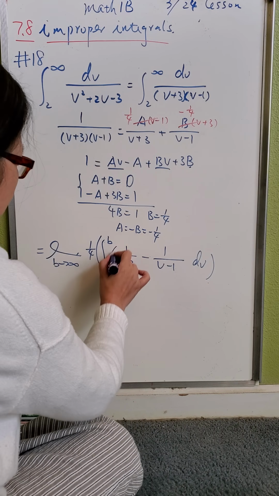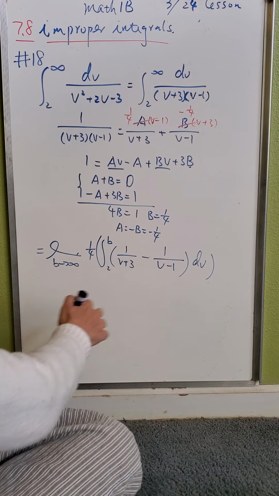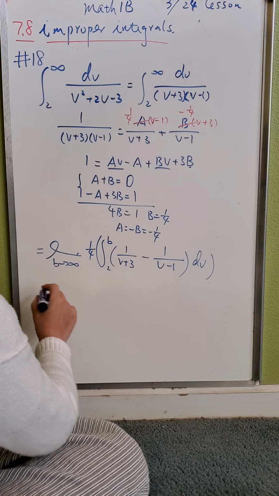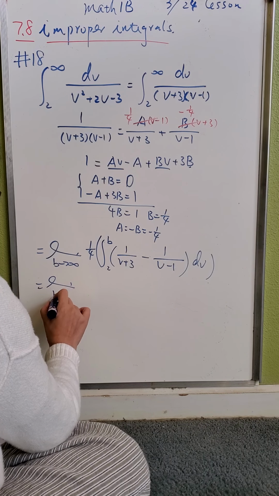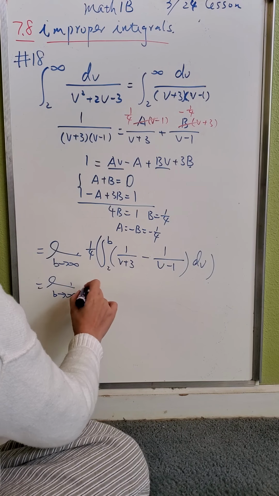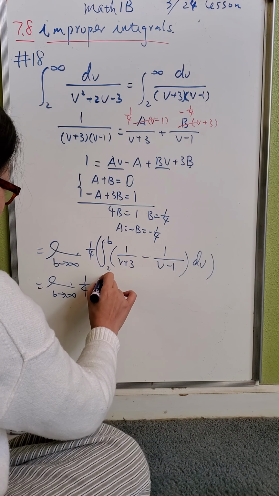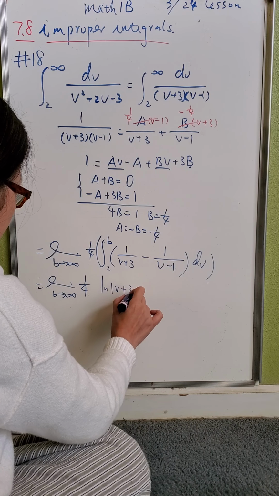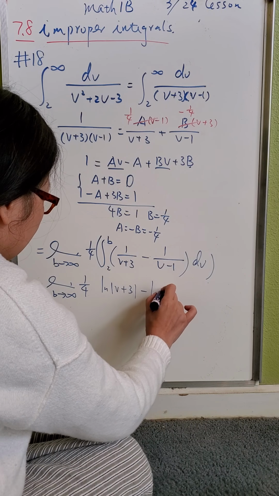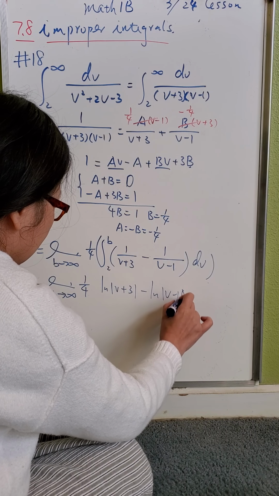And now this is just a logarithm. So this is ln of v plus 3 minus ln of v minus 1, from 2 to b.